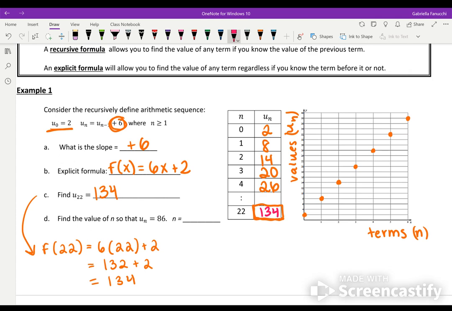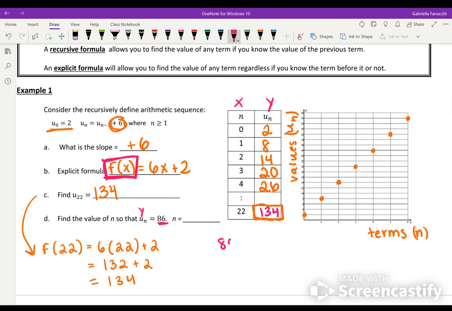So now find the value of n so that u sub n is equal to 86. So now we're going to do it backwards. So now we're plugging in 86 right here, okay? Because this is basically saying that y is equal to 86. So again, this is x, this whole thing is y, right? f of x is equal to y. So we're plugging in 86 right there.